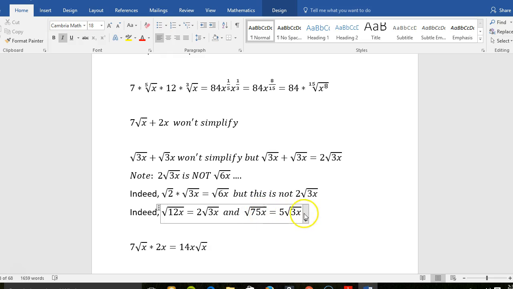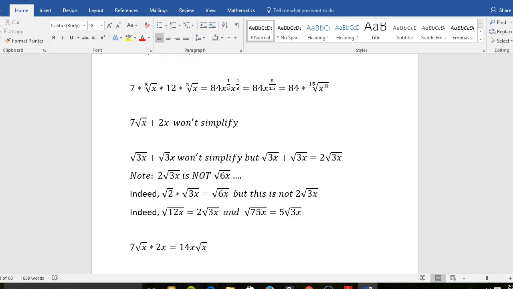Now you may rightfully ask, what about if it had been a cube root? Then 5 would have come inside as 125 because you'd have to cube 5. And if that had been a 5 times the 4th root of 3x, then 5 would have come in as 625, and you'd have 625 times 3x, and you get 1,875x, and we're getting big at that point.